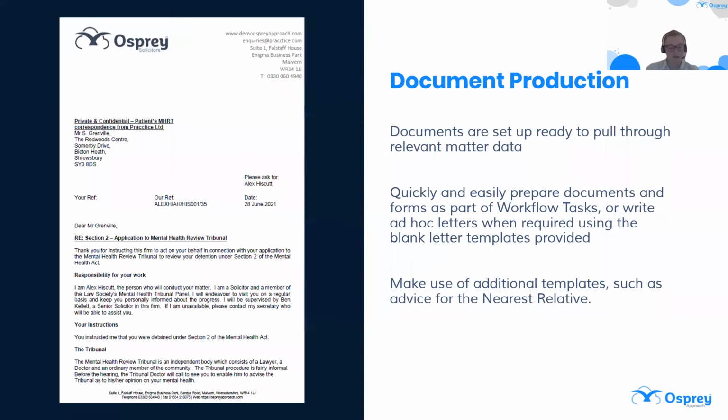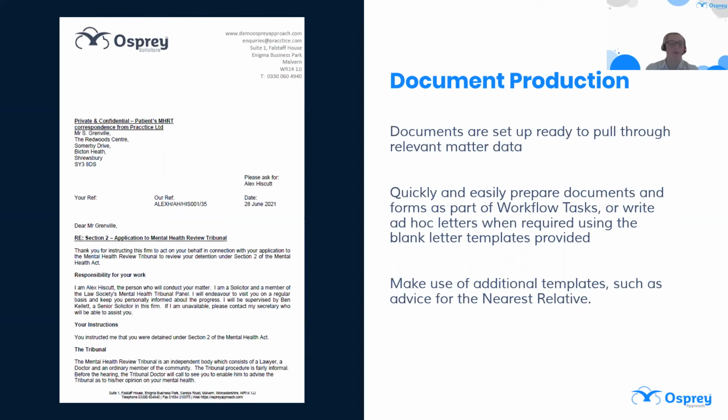So going on to document production then, now that you've run your questionnaire, you've run your task, what can you do with that information? Here we've got a client care letter. This is showing advice for a client detained under Section 2. We do also offer advice for other scenarios, so Section 3 and so on, CTOs.